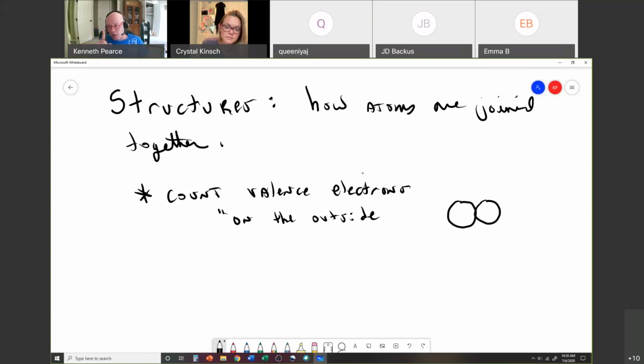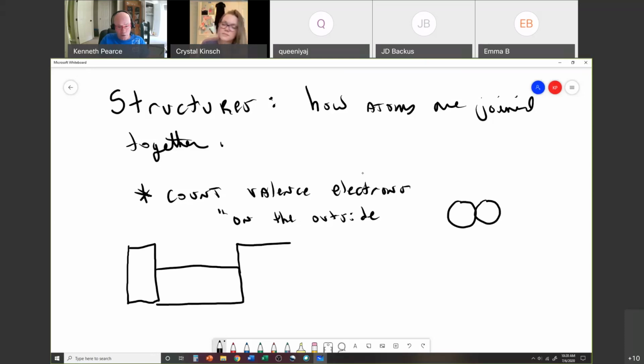Now, how do we find the valence electrons? Well, if we look at the periodic table, and I'm going to draw a very crude one here, with hydrogen being right there, and here are your transition elements in the middle.